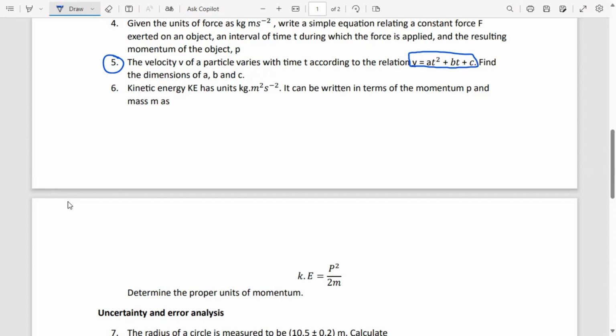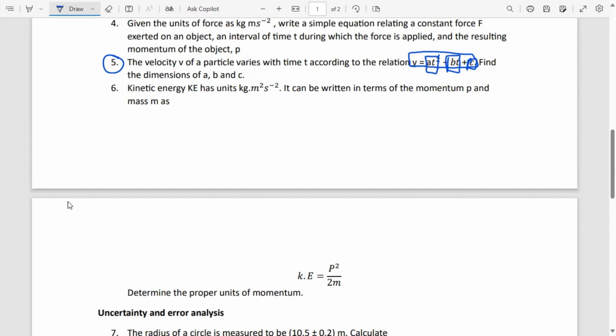Actually, V on the left-hand side is supposed to be equal to these terms individually. So V is equal to AT squared, V is equal to BT, and V is equal to C. That's how dimensional analysis works, or that's how formulas work.